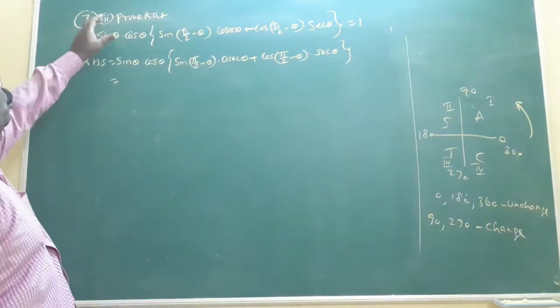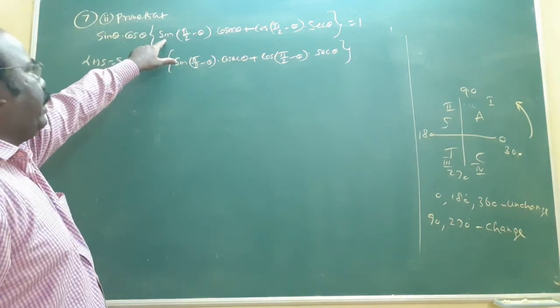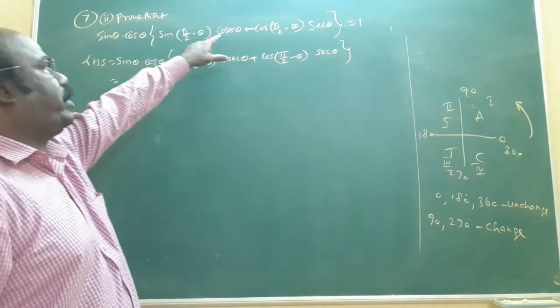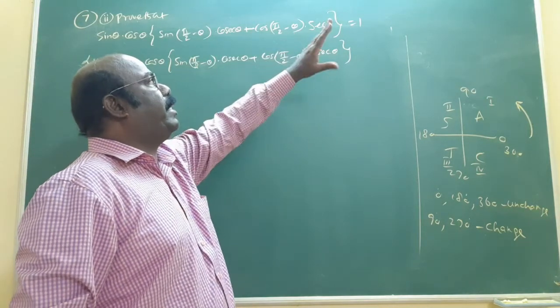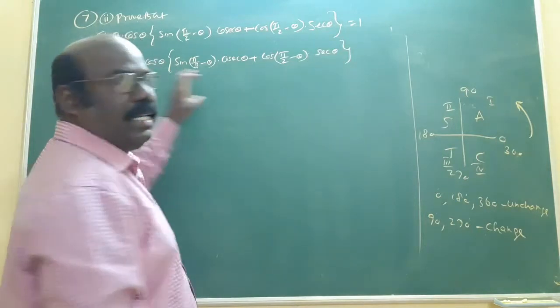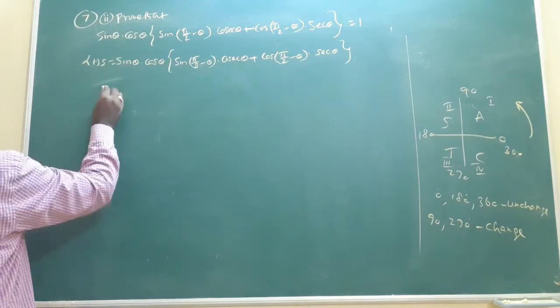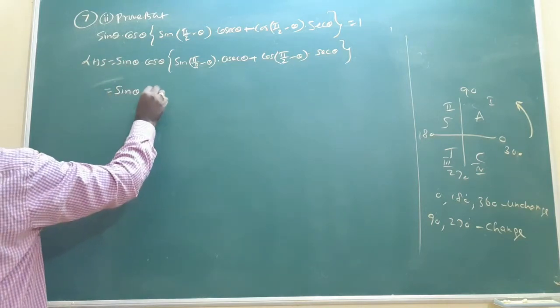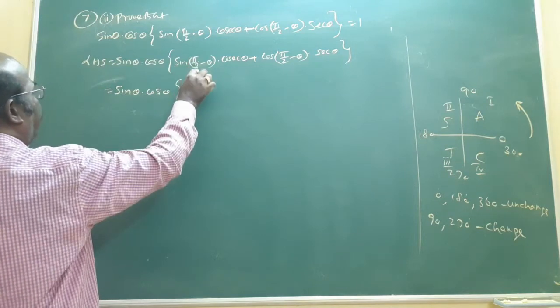Now, 7 subdivision 2. Prove that sin theta into cos theta into sin of pi by 2 minus theta cosec theta plus cos of pi by 2 minus theta into sec theta equals 1. Now start with the LHS, the same thing. Once again the previous idea only. Sin pi by 2, pi is 180, by 2, 90.